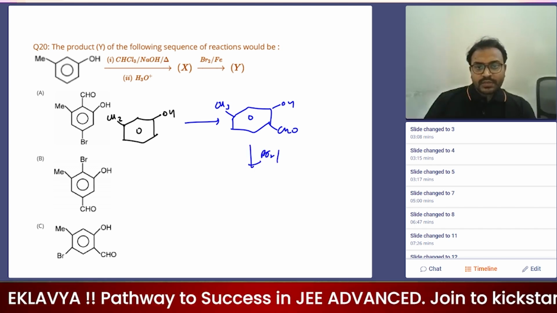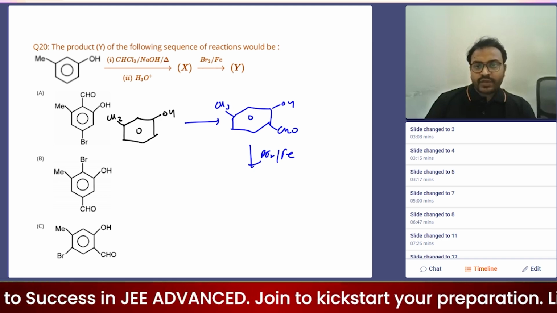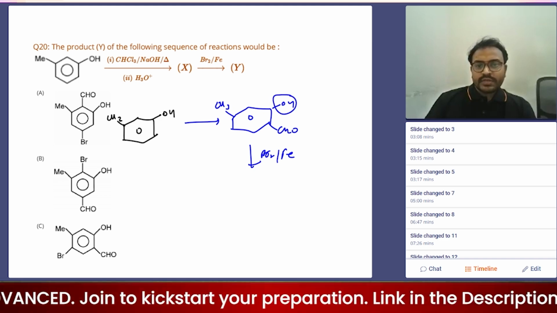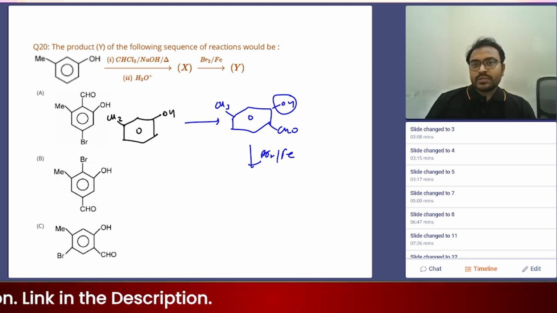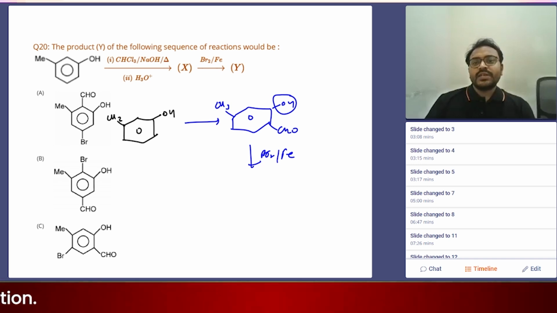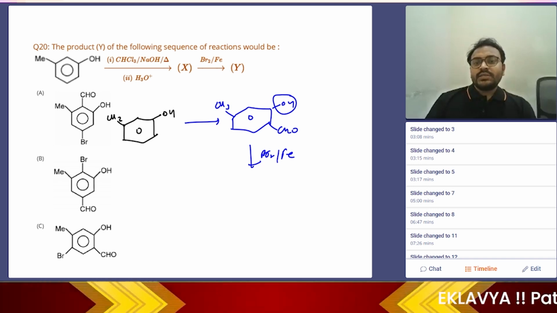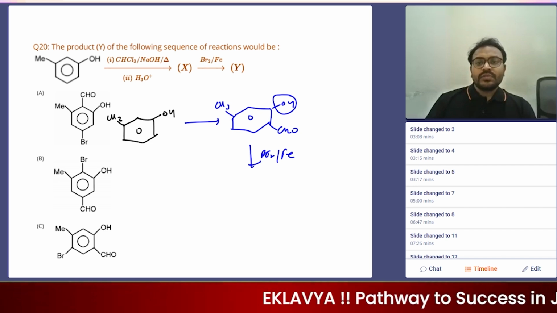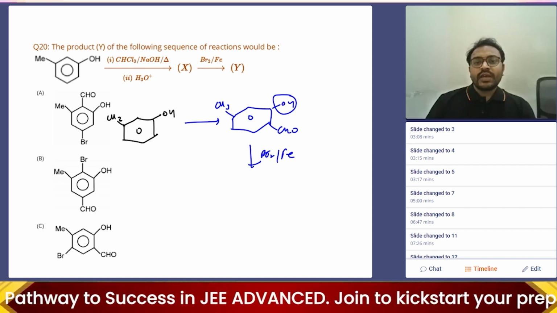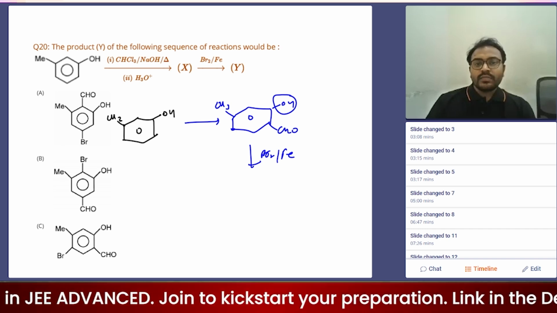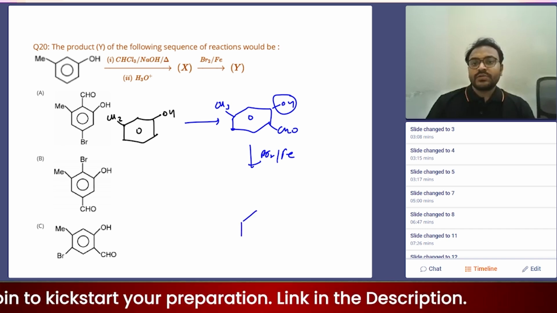So next step is Br2 reacting with Fe. So OH is a donating group, showing +M, and this CHO is an electron withdrawing group. So with respect to OH, Br is the electrophile, so it will come at the para position with respect to OH.